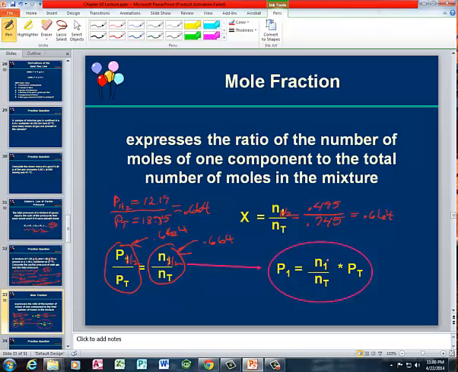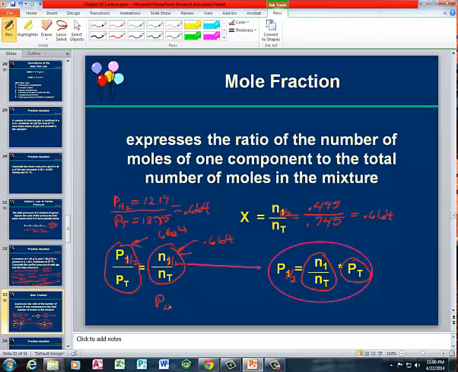So we can use that. If I happen to know what the mole fraction is, and I know what the total pressure is, or I can calculate it, I can calculate the partial pressure of hydrogen based on the mole fraction of hydrogen, right here.